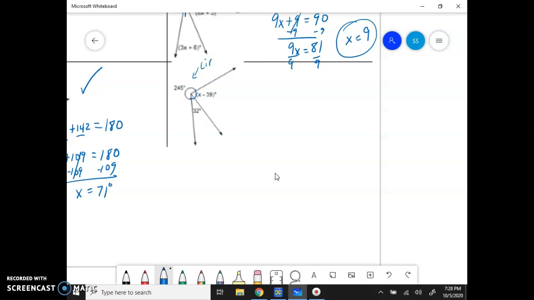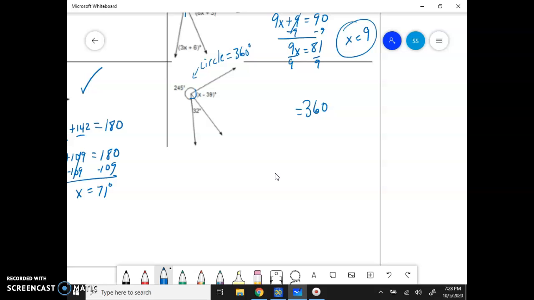And a circle is 360 degrees, right? So if that whole thing is 360, I'm going to set that on one side of the equal sign, and I know that 245 plus 32 plus x minus 39 all has to equal 360.